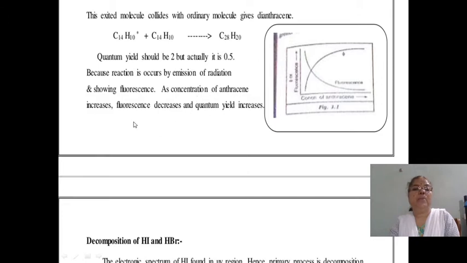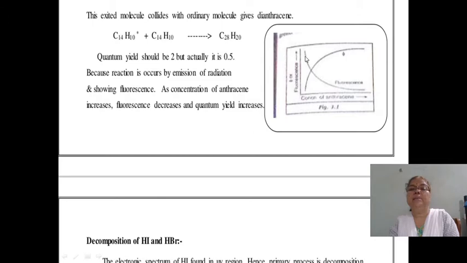As the concentration of anthracene increases, fluorescence decreases and quantum yield increases. Here it is shown in this graph. On the y-axis we have quantum yield or fluorescence, and on the x-axis we have concentration of anthracene. This curve shows the increase in quantum yield, that is phi, with increase in concentration of anthracene.